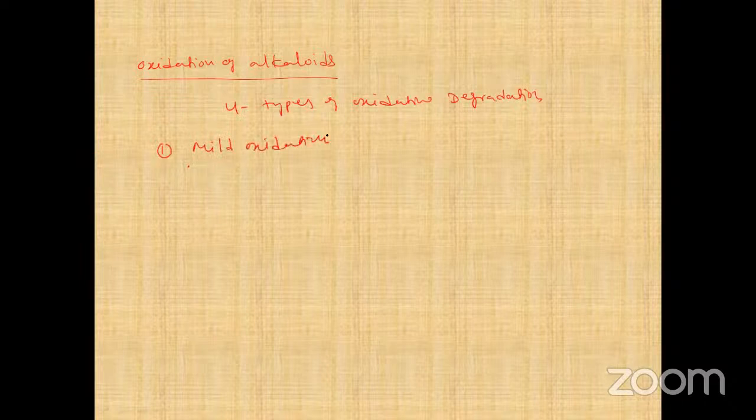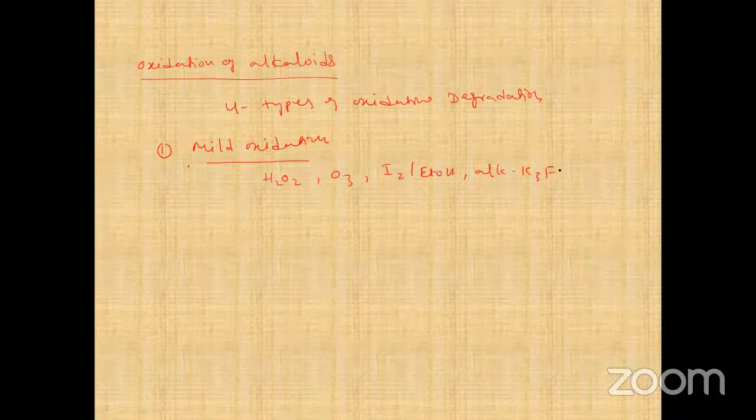In mild oxidation, generally we use hydrogen peroxide, ozone, iodine in methanol, and alkaline potassium ferricyanide. Reagents like these can be used for getting the oxidative degradation product.